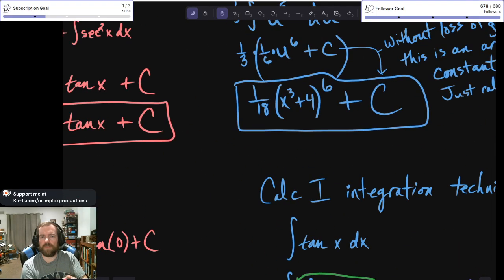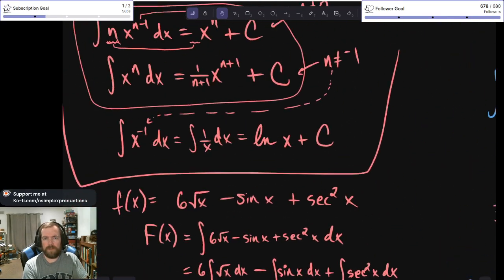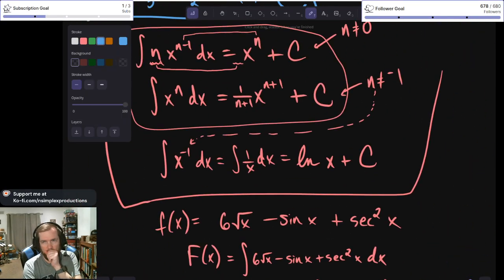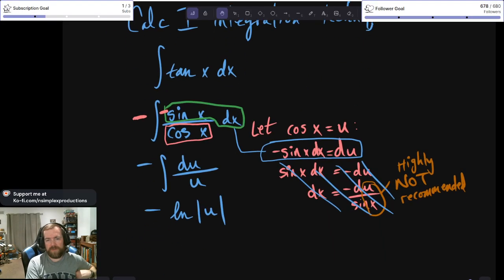I think I forgot it in the previous one. Natural log absolute value of x plus c. It is really important because here our domain is going to be all real numbers except 0. So our domain here needs to also be all real numbers except for 0. So make sure your domains match.